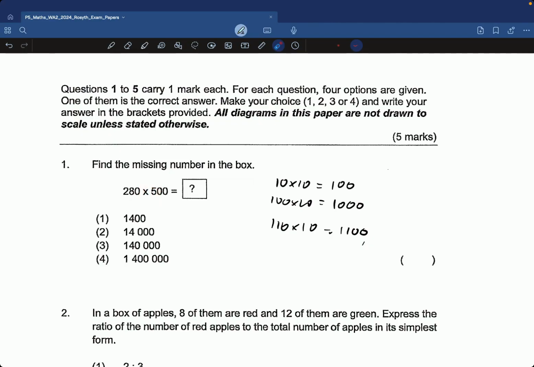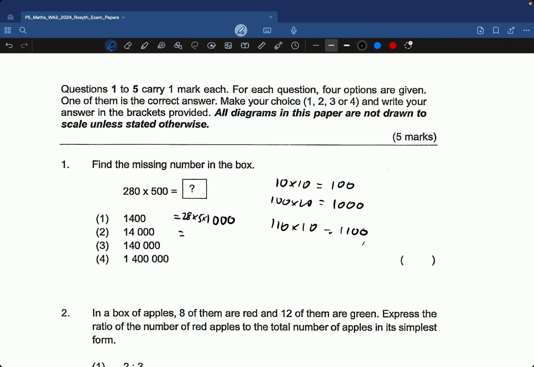So in essence, what you need to look out for is to have the three zeros at the end. These three zeros, 1, 2, 3, you can call it 1000. And then you have 28 times 5 times 1000.